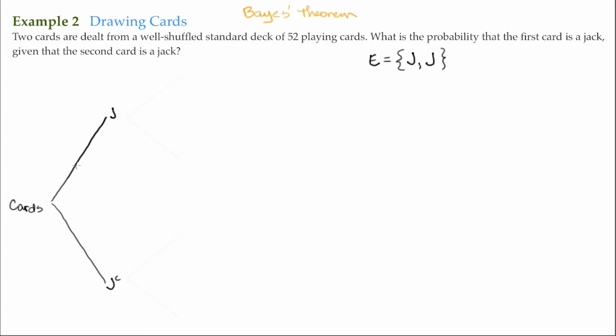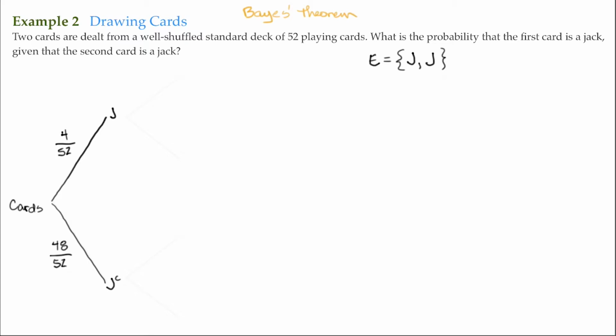The probability of being dealt a jack, that's 4 out of 52. There's 4 jacks, 52 cards. Don't forget, this column here represents the first card being dealt. That's 48 out of 52 of it not being a jack.